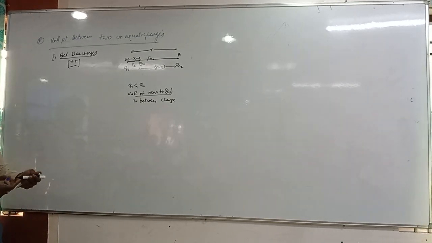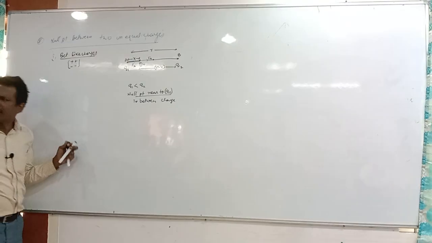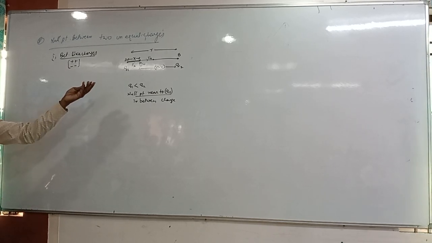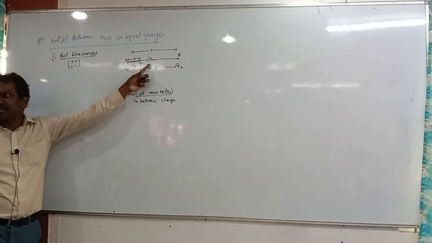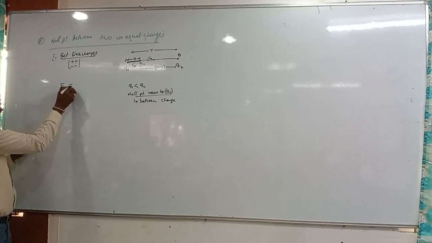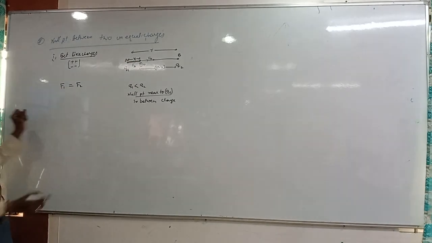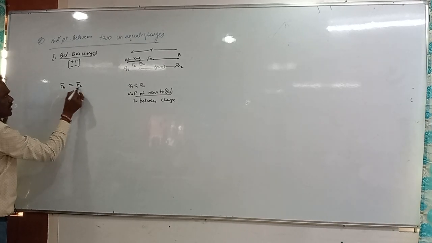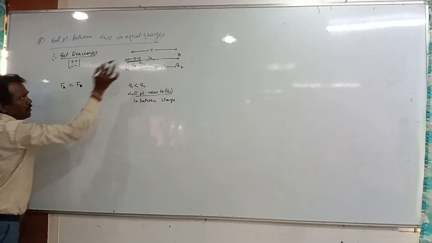Find out the x distance here. What is the condition? Net force is 0, meaning the sum of the two forces should be equal to 0. So they are equal and opposite, isn't it? So we can write f1 is equal to f2. The force due to the a charge is equal to the force due to the b charge.